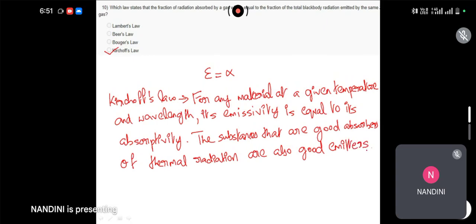So, yeah, the statement basically tells Kirchhoff's law: E is equal to alpha, where E is emissivity and alpha is absorptivity. This is what Kirchhoff's law states.